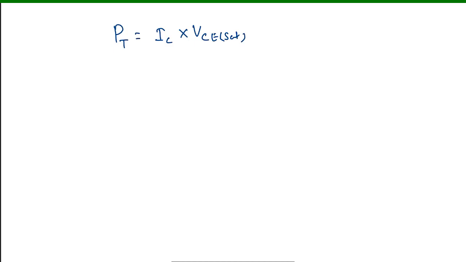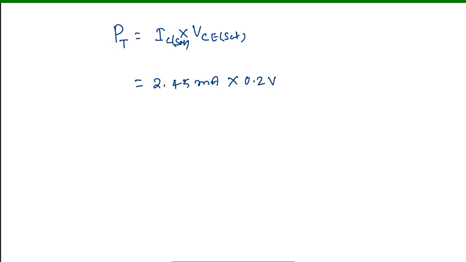So we multiply IC saturation, 2.45 milliampere, into VCE sat, which is given as 0.2 volt.